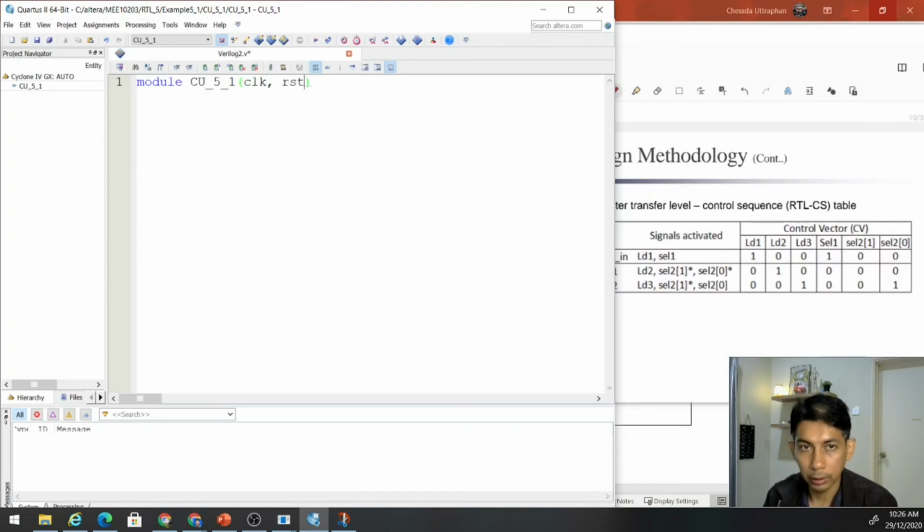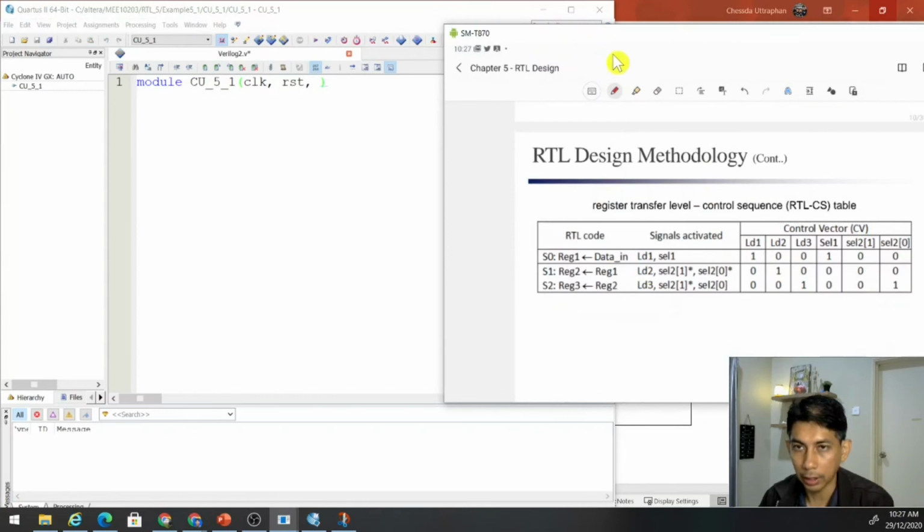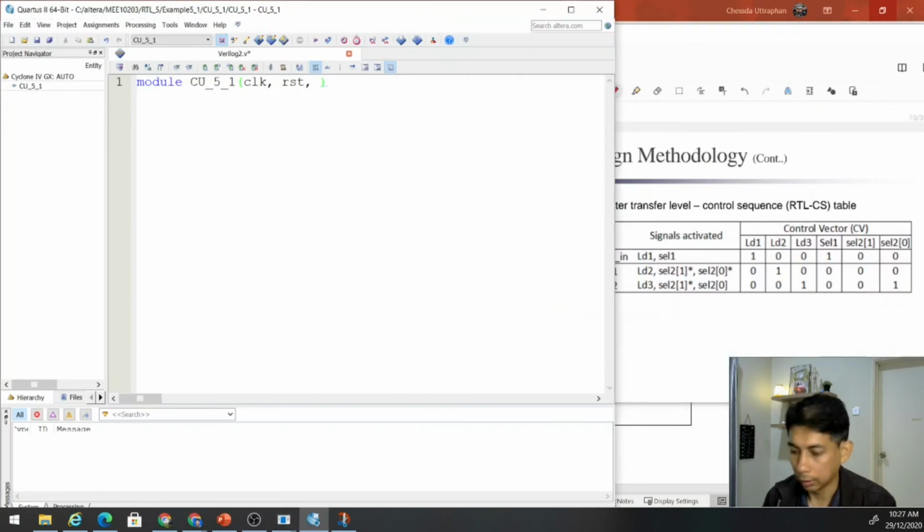We have our reset, because for the FSM we need the clock and the reset. The outputs of this FSM are LD1, LD2, LD3, SEL1, and also SEL2.